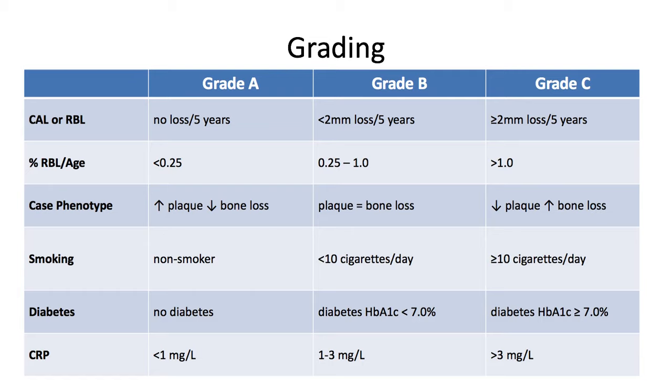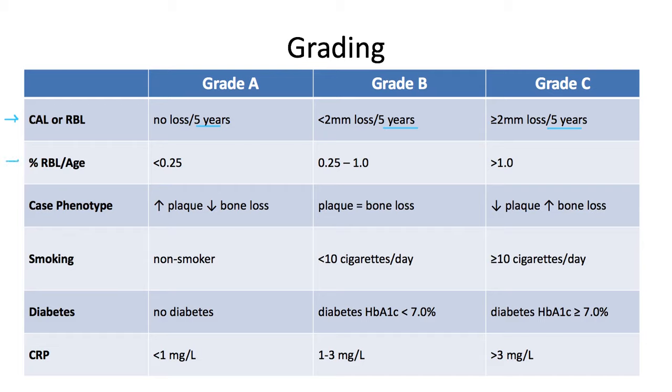So we look at how interdental CAL or radiographic bone loss is changing over a period of 5 years. And so if there's more loss of attachment or bone loss over this period of 5 years, we're favoring more towards a rapid disease progression. If there's not as much loss, we're more towards a slow rate of progression.